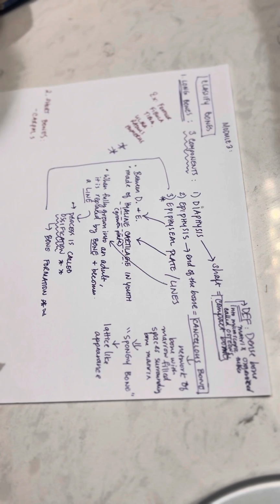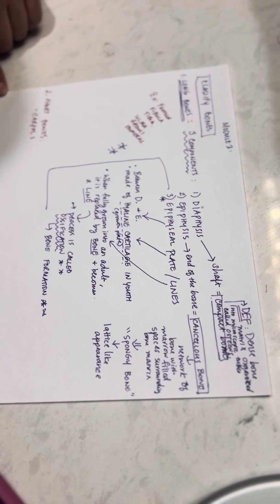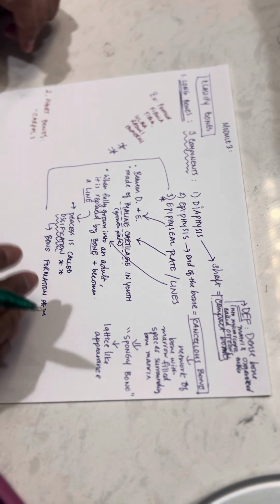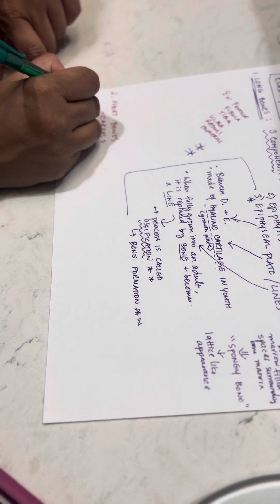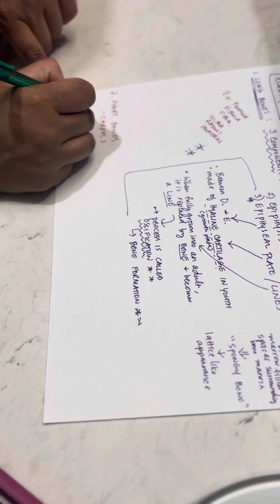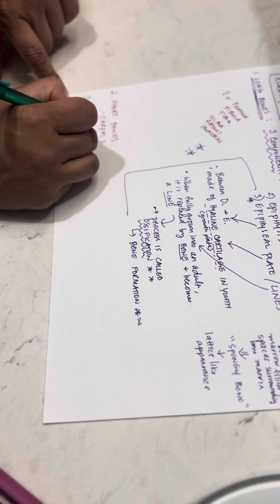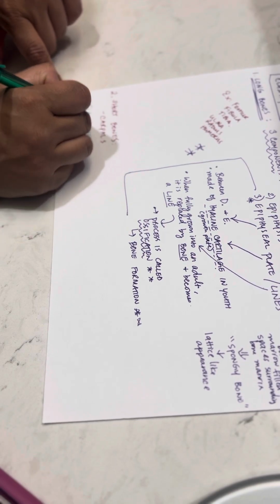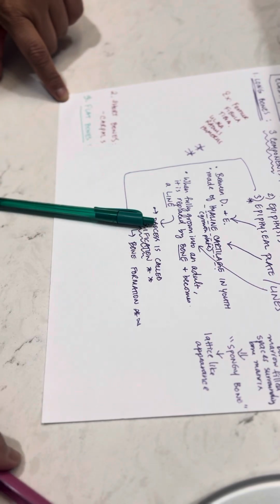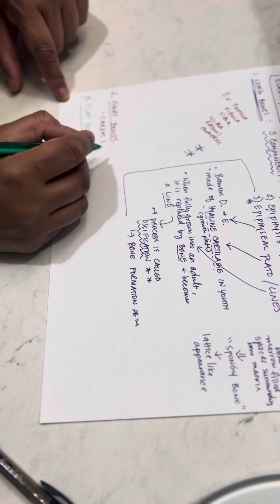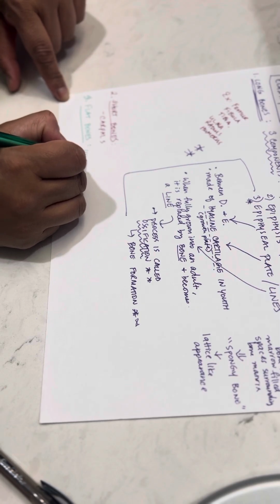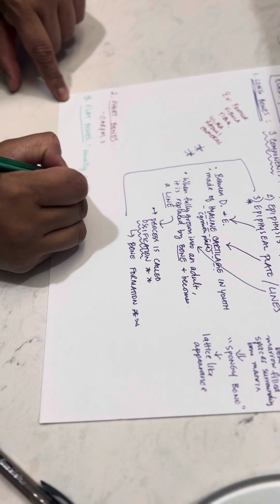Okay, the next thing is, I'm just going to squeeze this under here for now. This one is flat bones. Okay, so flat bones usually have a little bit of curve to them, okay? So they're a little bit curved.